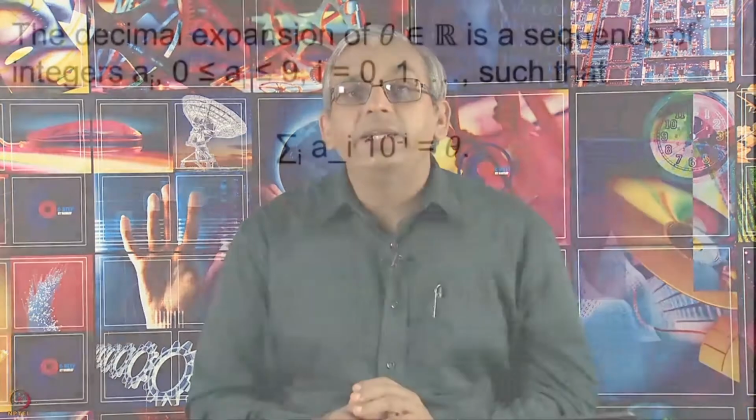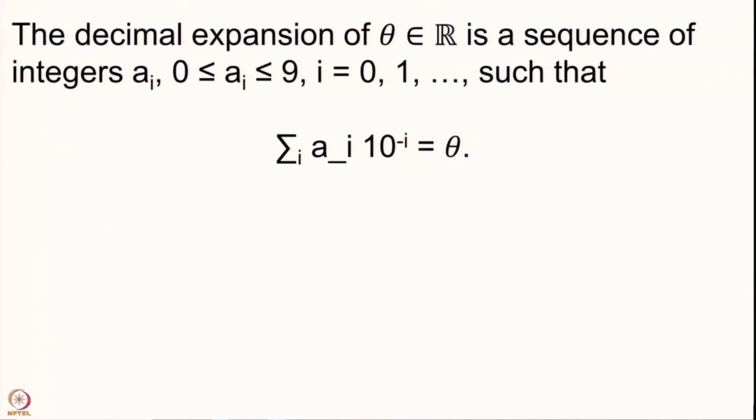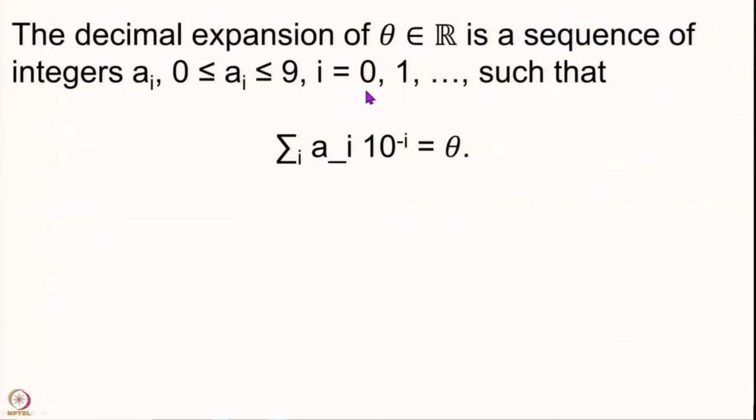With these notations, it is easy to describe the decimal expansion, but I will not go into the construction of these. Let me just tell you what we mean by decimal expansion. The decimal expansion of any real number theta is a sequence of integers a_i which are from 0 to 9, with the property that the summation of a_i 10 power minus i is theta. Here, i should not be from 0 to 1, but it will be from some quantity onwards.